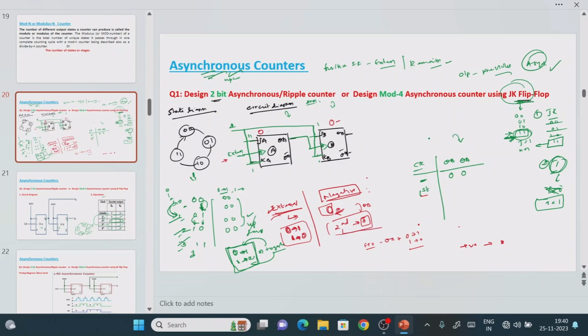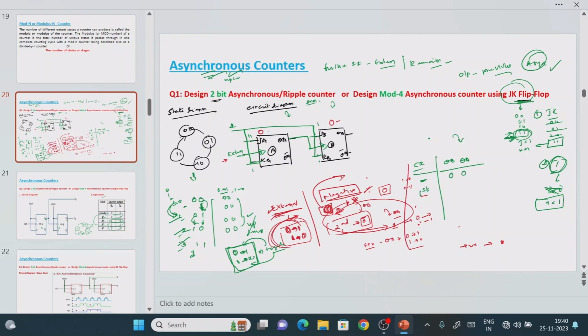But if the clock pulse coming from QA is 1, then if the output of the second flip-flop is 0, it stays 0, and if it is 1, it stays 1. The simple point to remember is that the negative edge changes only when it detects 0. If it detects 1, it does nothing, it just keeps quiet. The external clock pulse always changes, but from the second onwards it detects 0 only, and only then does it change from 1 to 0 or 0 to 1.